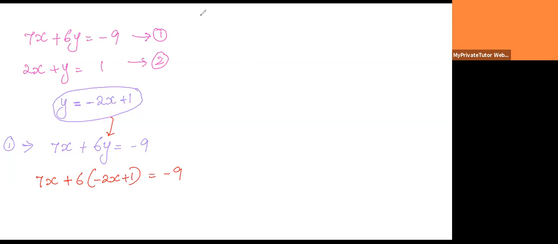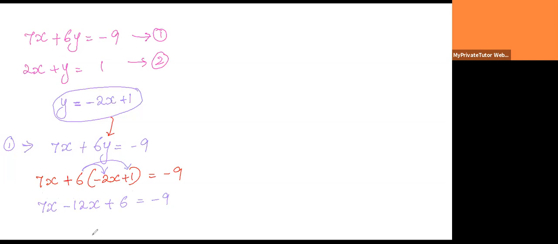Let me know, guys, if you have any questions. Now expand this, distribute. 7x plus, what is 6 times minus 2? Minus 12x, okay, plus 6, very good, Sultan, equals negative 9.